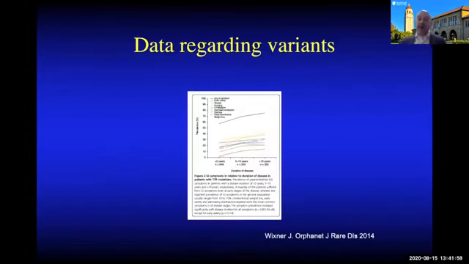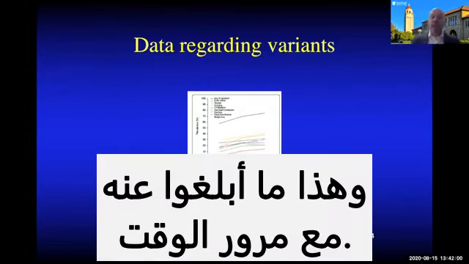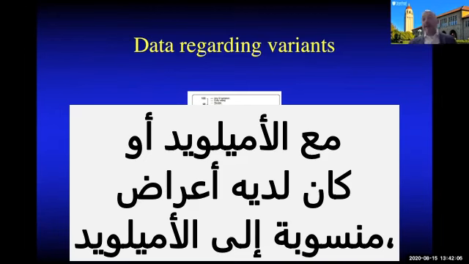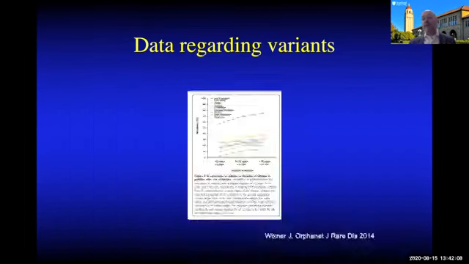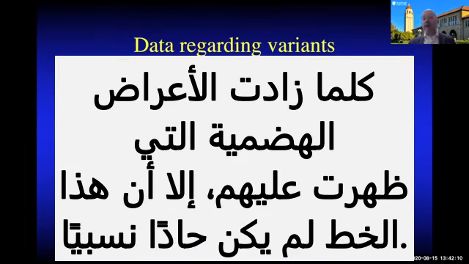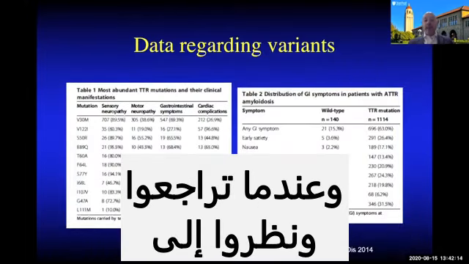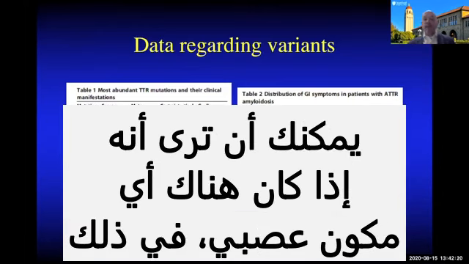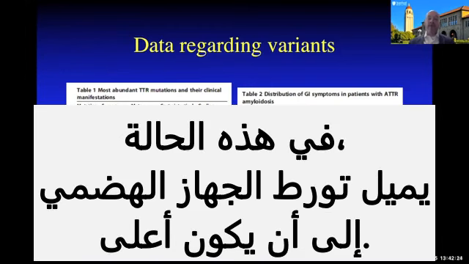This is what they had reported with time, and it did appear that the longer that someone was diagnosed with amyloid or had symptoms attributed to amyloid, the more gastrointestinal symptoms they had, but that line was not relatively sharp. And when they stepped back and looked at different variants as well as different symptoms, you can see that if there's any neuropathic component, at that point the gastrointestinal involvement tends to be higher.